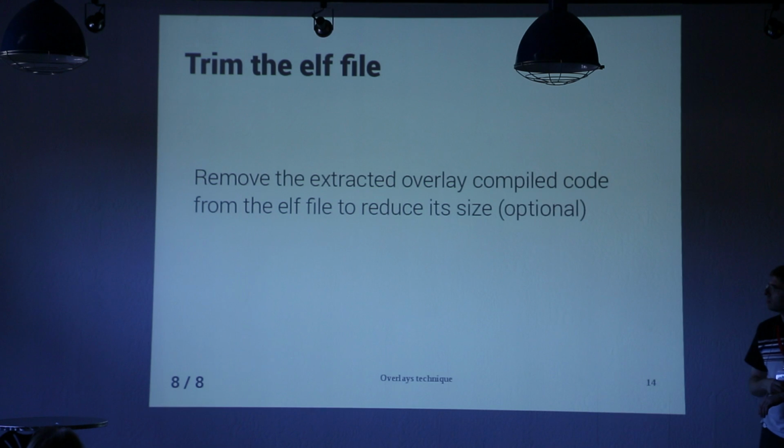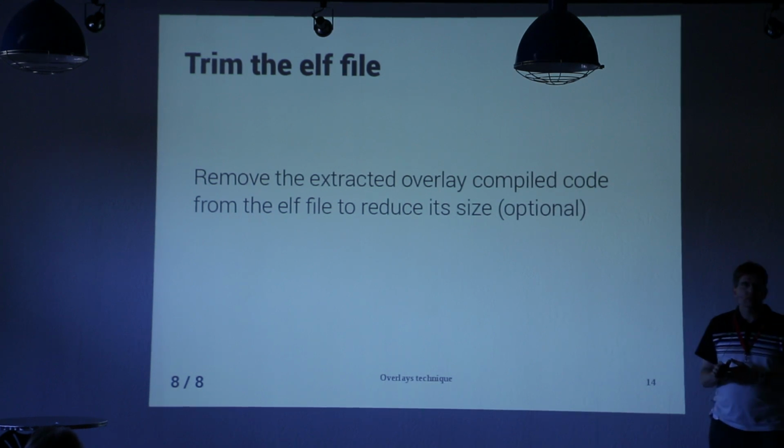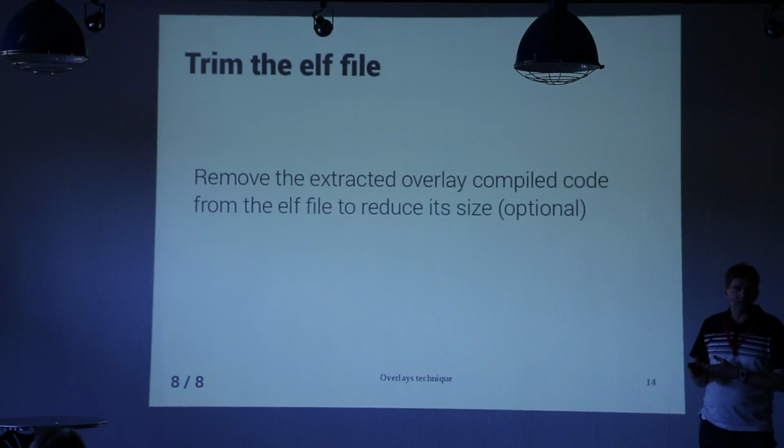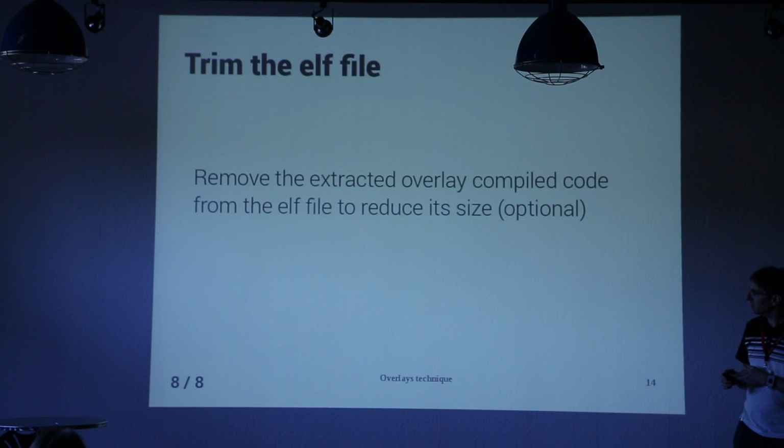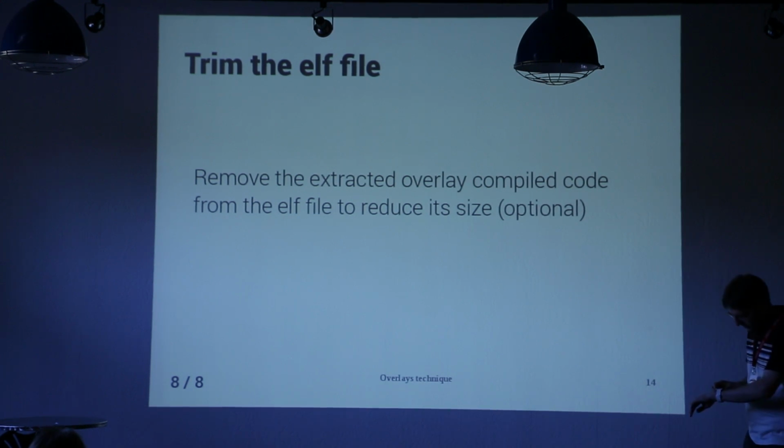And in the end, we trim the resulting file because we don't need the overlay to be part of the program. If the size is not big, it doesn't matter much, but we really don't need it there because we have it in the resources. And let's go back to the map.